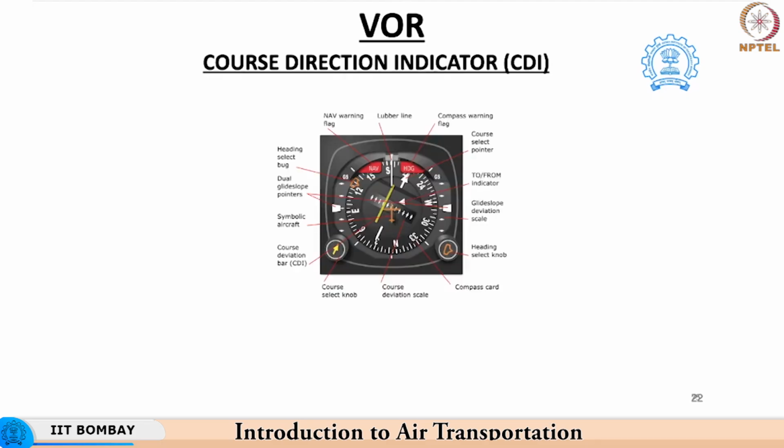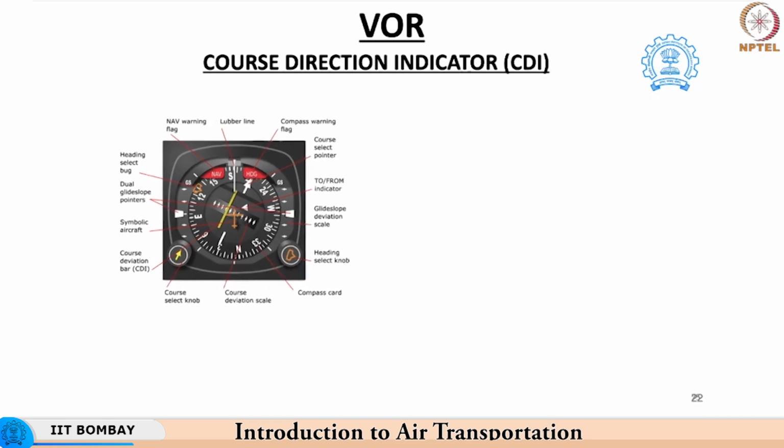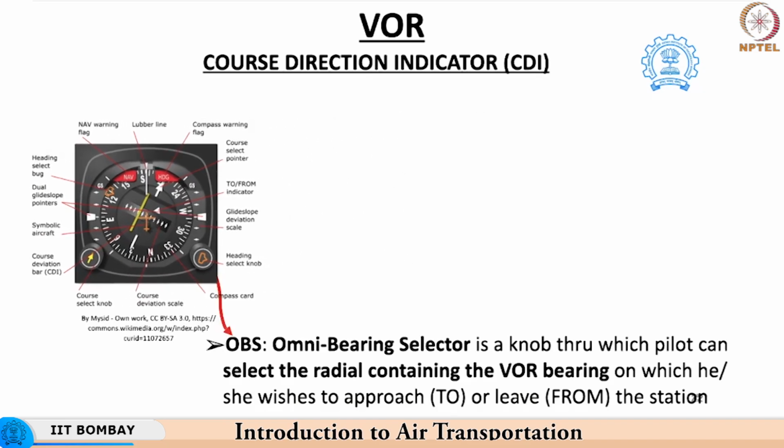Now, let's understand what equipment is utilized by the pilot on the aircraft. This equipment is called the course deviation indicator. There are many parts related to a CDI, and the two most relevant aspects that the viewer needs to understand begin with the OBS, which is short for Omni Bearing Selector.